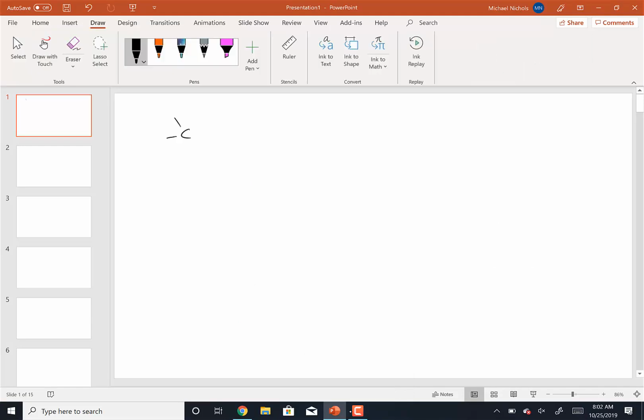In both cases, if you look at SN1 or SN2, so if you look at SN2, the rate equation. Bless you.